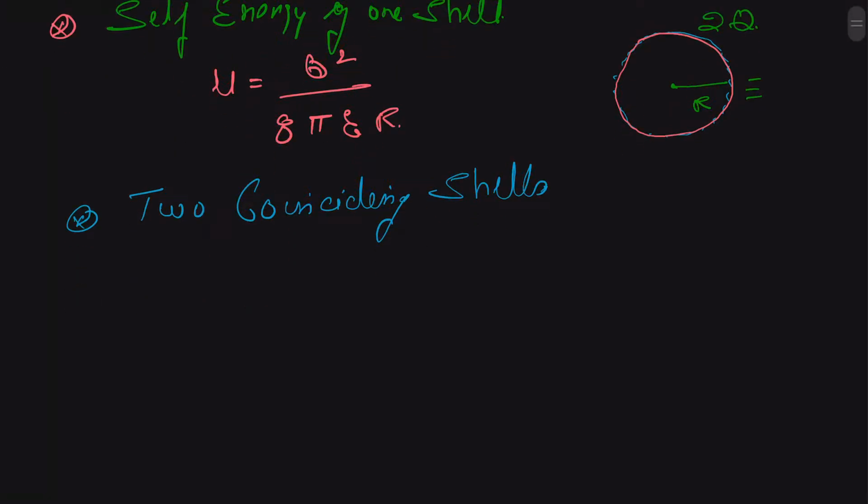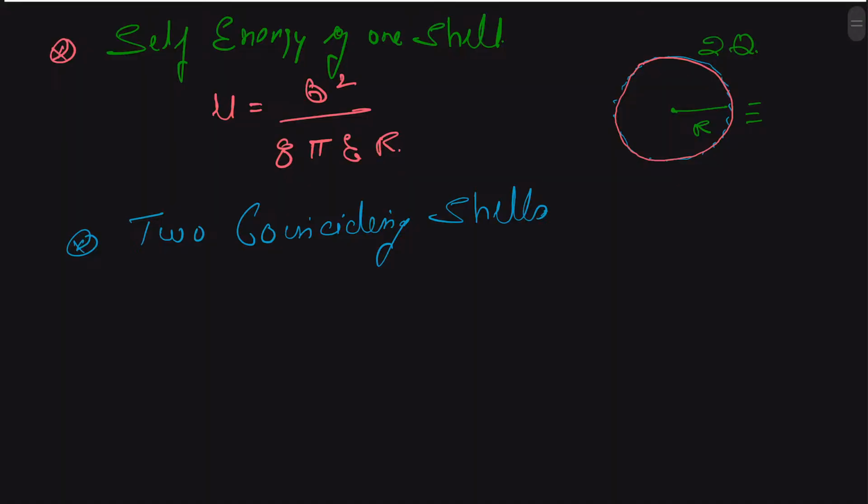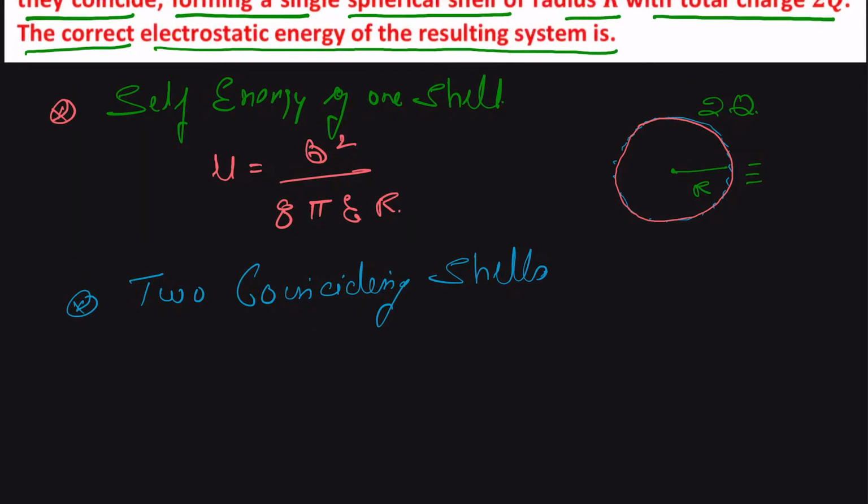And the total energy which is associated with these two coinciding shells, let us call this as ut, which we are supposed to find out.